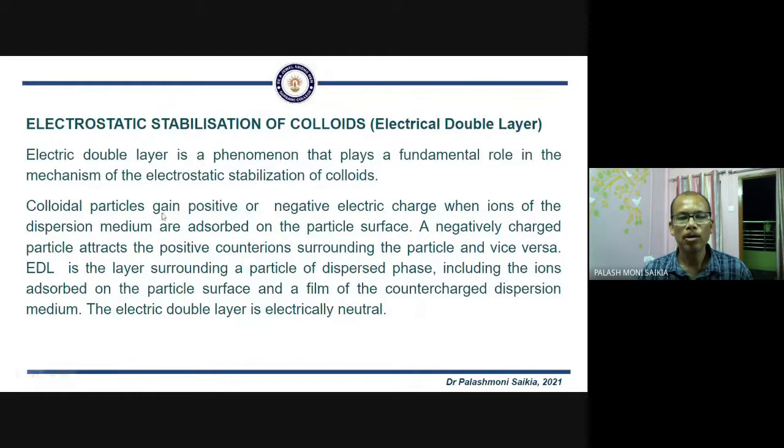These two films we call the Helmholtz double layer, or simply the electrical double layer. One thing should be kept in mind: this EDL is electrically neutral. The total positive charge and negative charge on the surface and the medium will be the same.